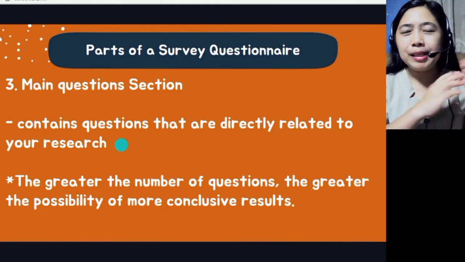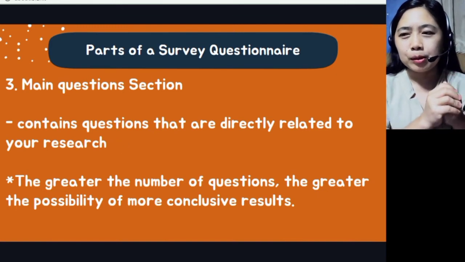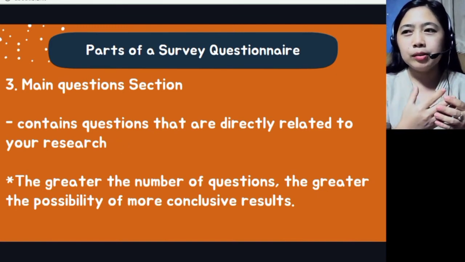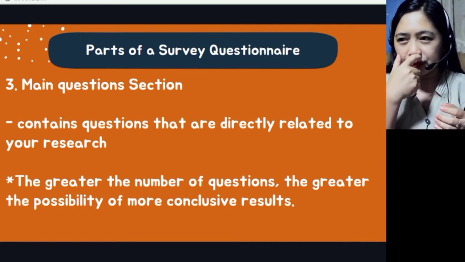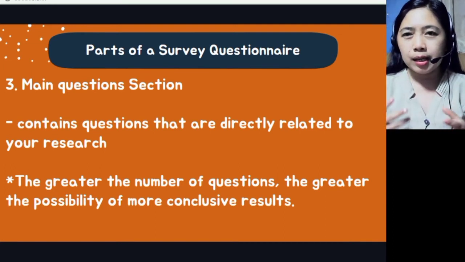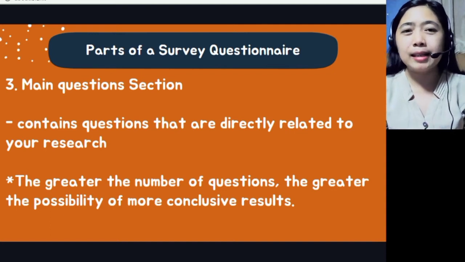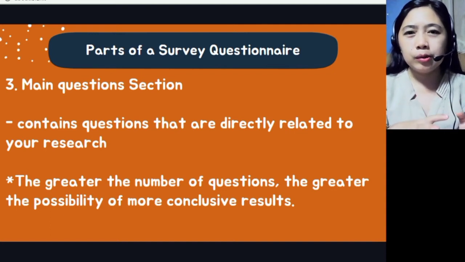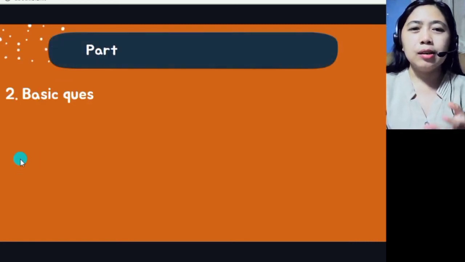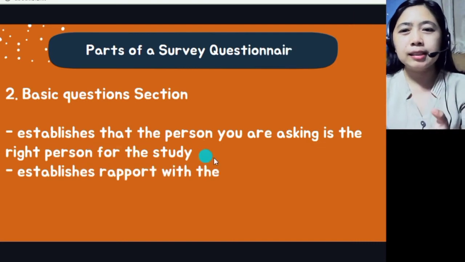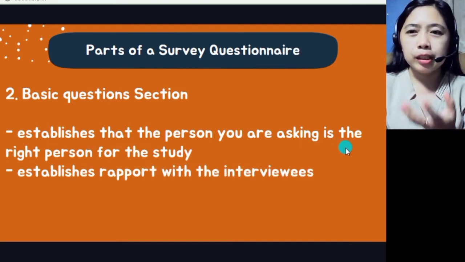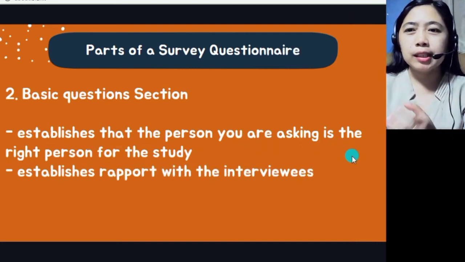Okay, so from the basic questions, katong murag mo kung ano no kanang first part lang ba or kana nag warm up lang ka, so mga tana ka sa iyang edad, sa iyang pangan, and then katong sa ikaduha din nimo nga questions kay mga tana din ka kung unsa or ang questions nga related sa person, or make sure nga ang katong nga person kay siya jud ang right person for the study.